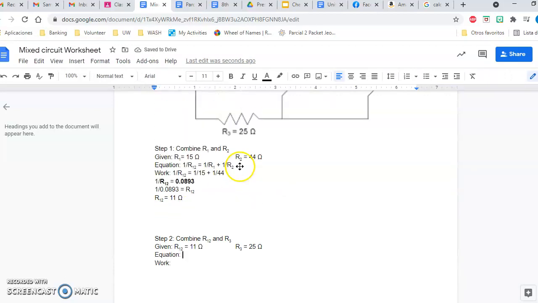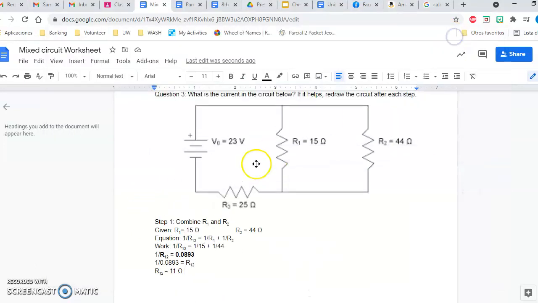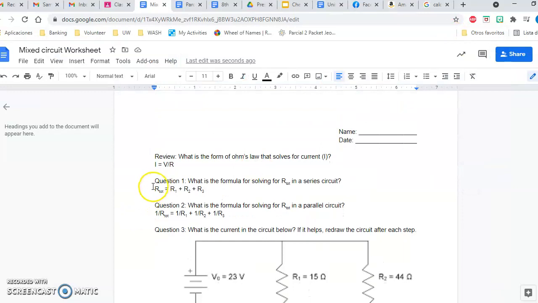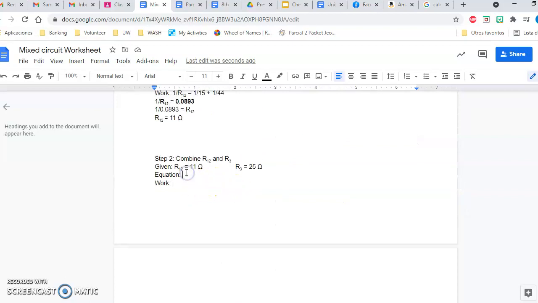If we look at our circuit now, does it look like a parallel or a series circuit? If our current goes through our circuit and can only go one path, one way, this is in series. So we use our series equation for R total: R total is equal to R1 plus R2 plus R3, but this time it's actually R12 plus R3.